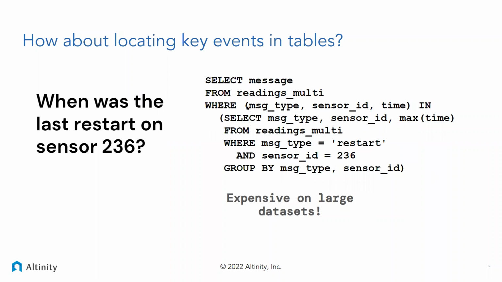Some databases have real difficulty doing this. ClickHouse has a very neat feature where the IN clause can return multiple columns. But even with that, this type of query where you just on the fly say, hey, when was the last restart on sensor 236, this can become very expensive to compute. And if you do it often, it's going to make things very slow.